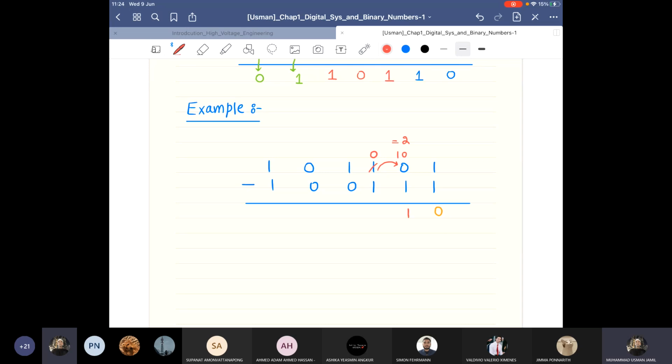Now again 0 minus 1 is minus 1, so we cannot. So this 1 will move here. So this is now 1 0, which is again 2. So 2 minus 1 is 1. And now this one remains 0. So 0 minus 0 is 0. Then 0 minus 0 is 0. And 1 minus 0 is 1. So this is our subtraction.